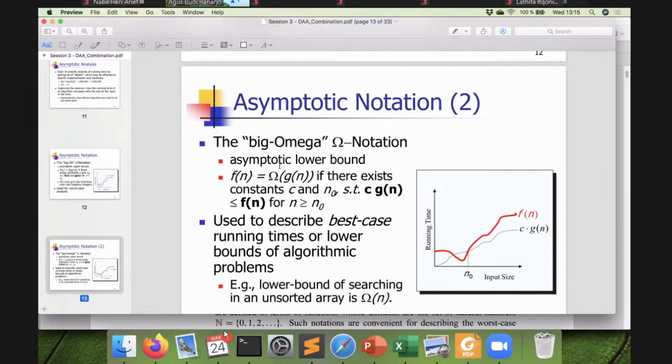The second one, after the upper bound, is the lower bound. I think it's easy to understand through the image over here. So f(n) is an element of the set big omega g(n) if there exist constants c and n0 such that c times g(n) is less than or equal to f(n) for n greater than or equal to n0.